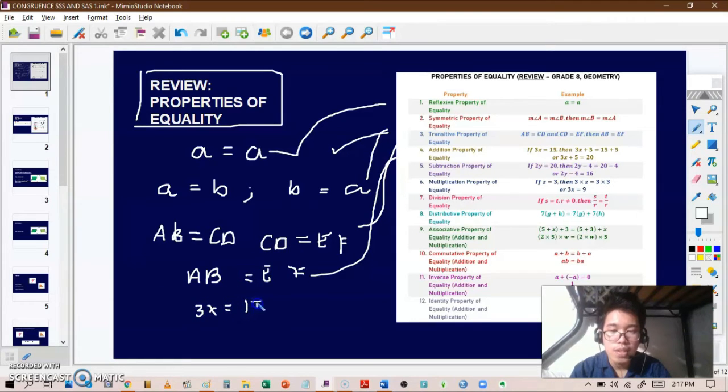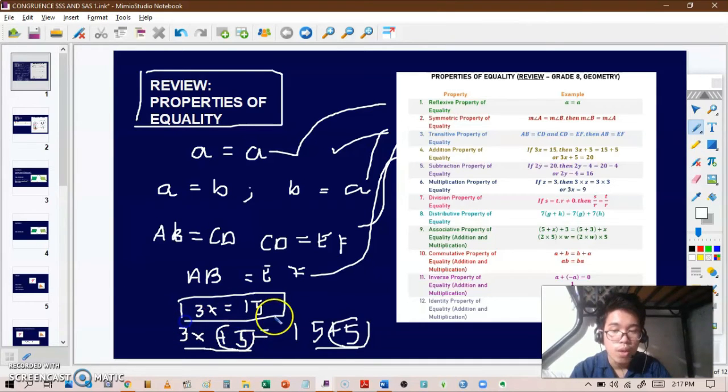If we add 5 to both sides, or any constant, it means both the right hand side and the left hand side are equal. So 3x plus 5 is equal to 15 plus 5, because we added 5 to both sides, and it's given that 3x is equal to 15. So both of these sides are equal to each other.